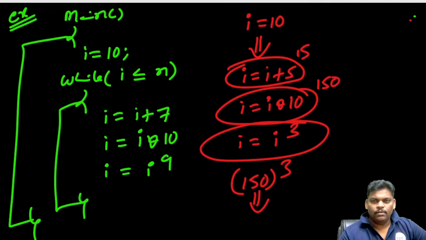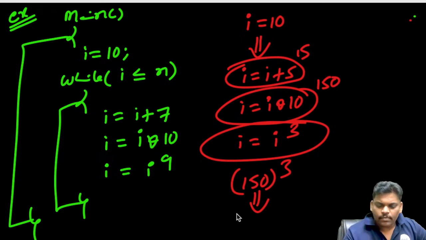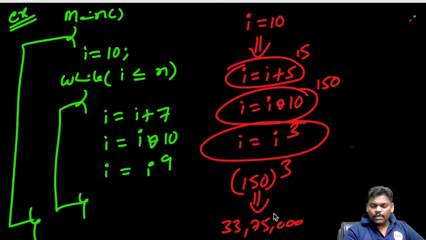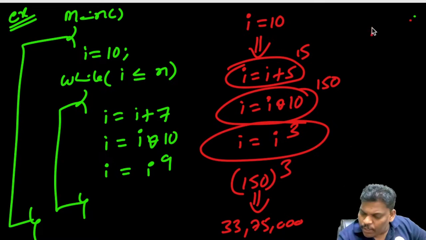So I think it is around 33 lakh 75,000. So can you help me now? i is equal to 10.